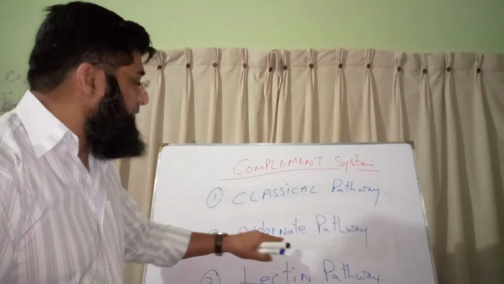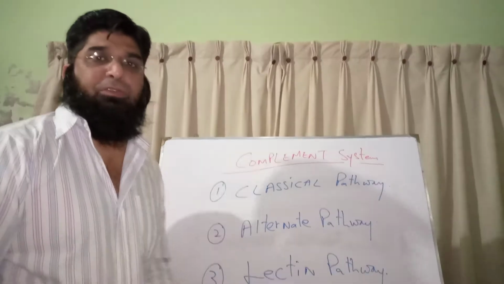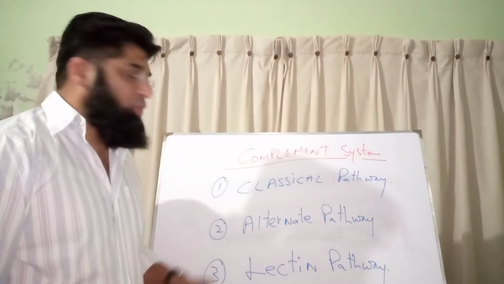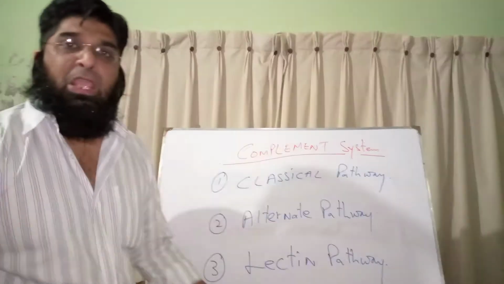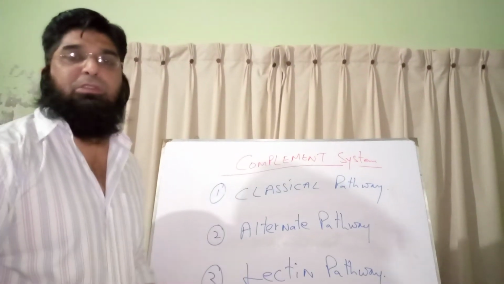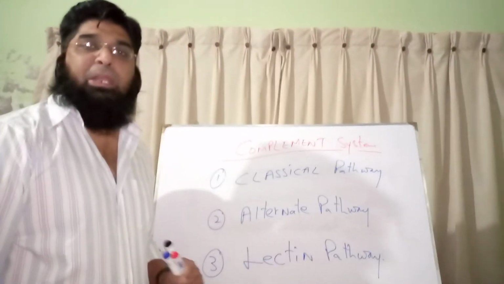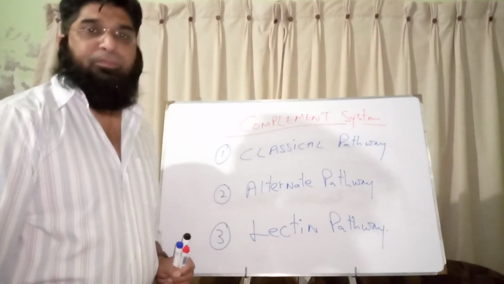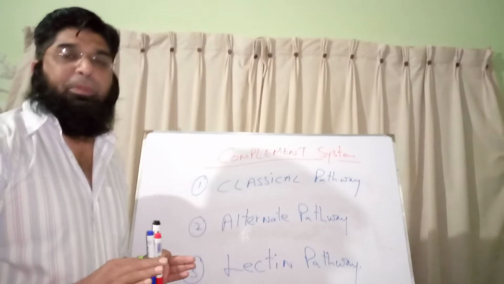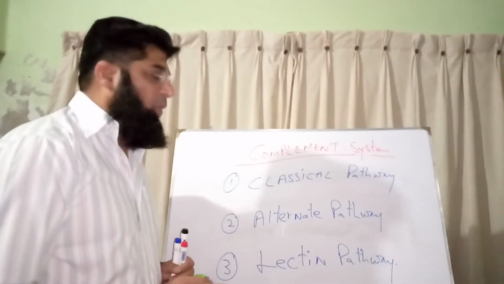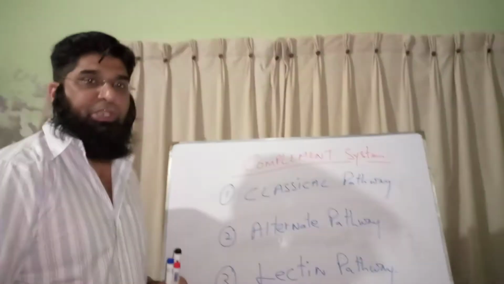Number two pathway is the alternate pathway. Students, the alternate pathway and lectin pathway are both independent of antibodies. That is, they do not require the presence of antibodies for their activation.